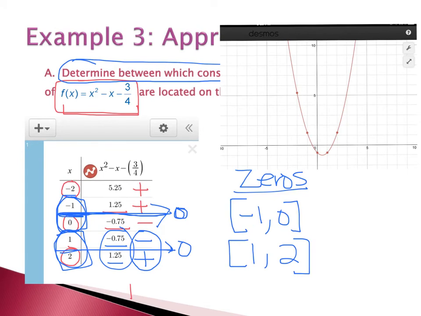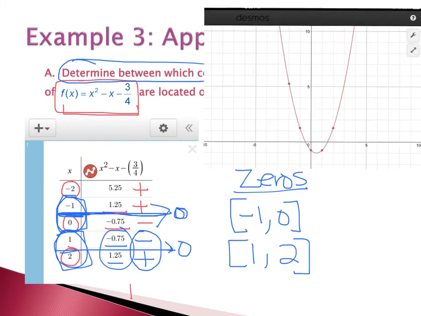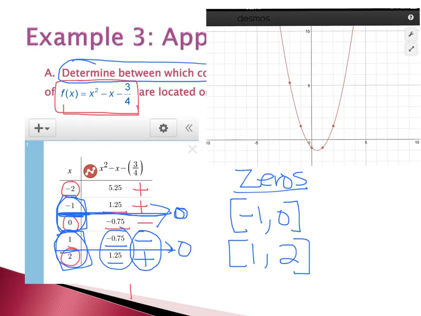Now I've screenshotted our graph just to show you a visual of where our zeros are, and to confirm that for sure we have a 0, which is an x-intercept, somewhere between -1 and 0. Here's an x value of -1, here's an x value of 0, and sure enough, the graph crosses the x-axis between -1 and 0.